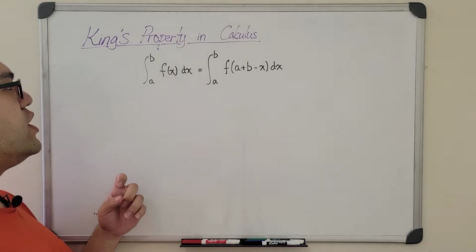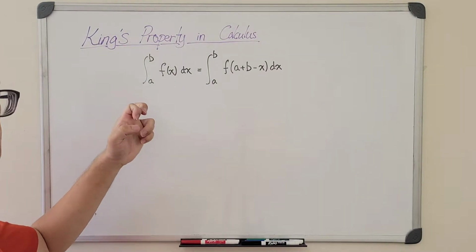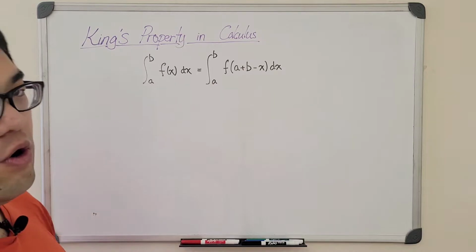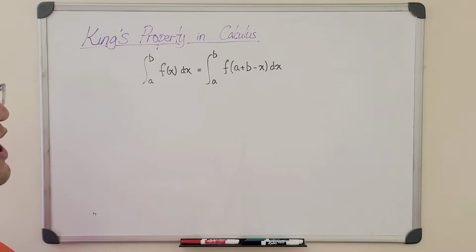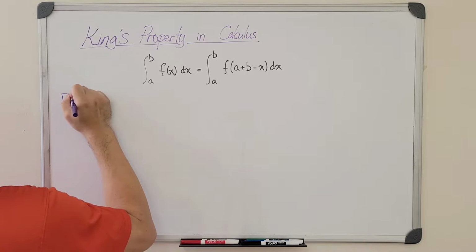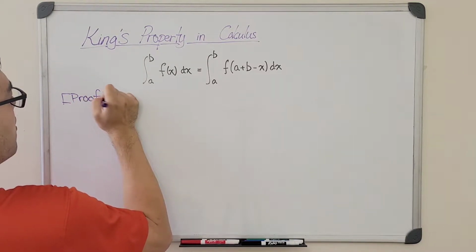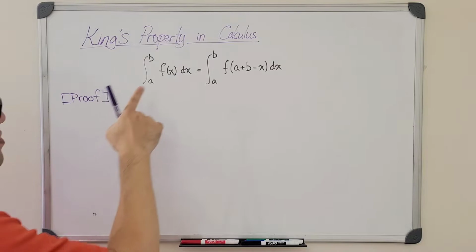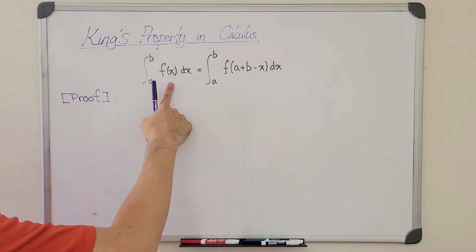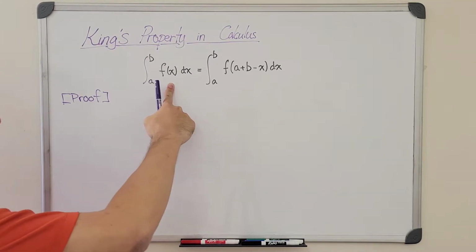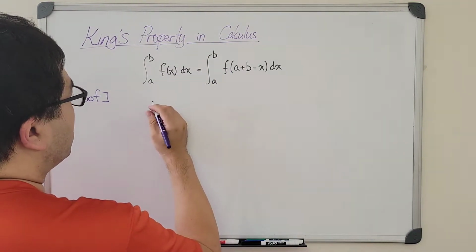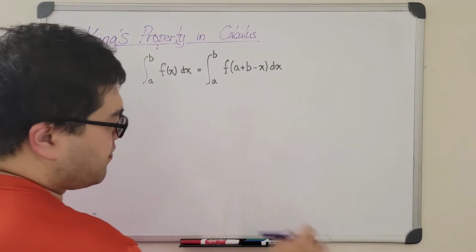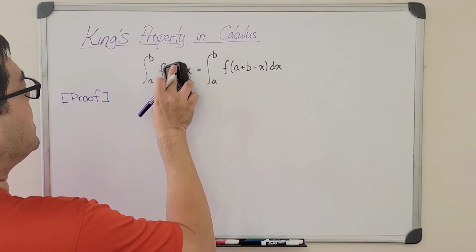Okay, in the last board we already talked about what the King's property is and how it looks symbolically. Now we're going to talk about why it works, or how we can prove it. So here is the actual proof. First, on the left hand side, I'm going to use a dummy variable t instead of x so that we won't get confused in between. So I'm going to replace the x by t here.